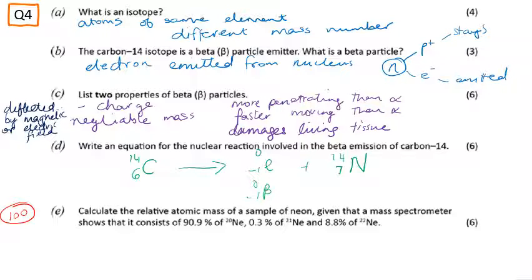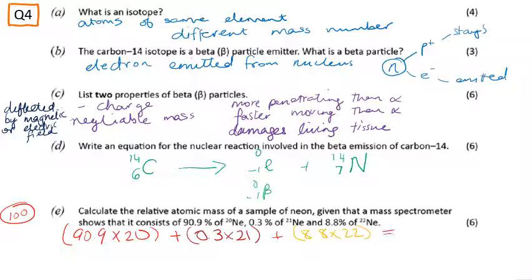So that would mean that to get the total mass, we would do 90.9 multiplied by 20, plus 0.3 by 21, plus 8.8 by 22. So you'll see in the question where I'm getting those values.